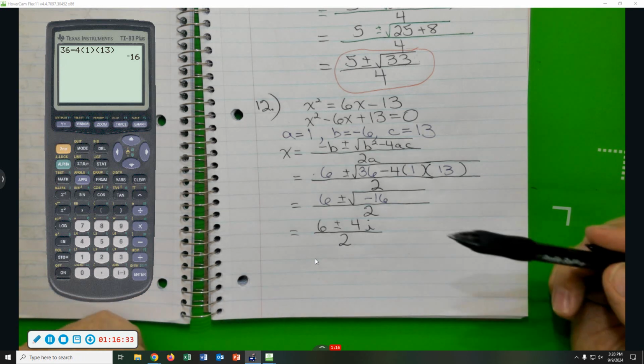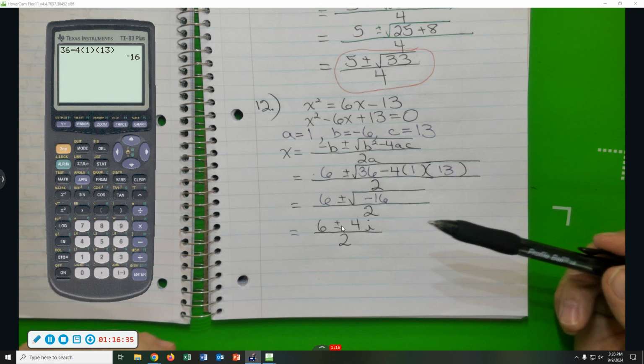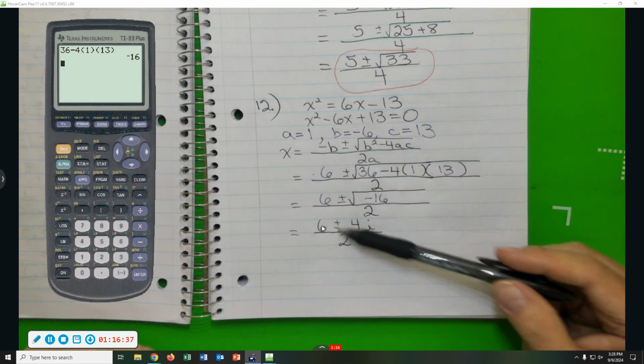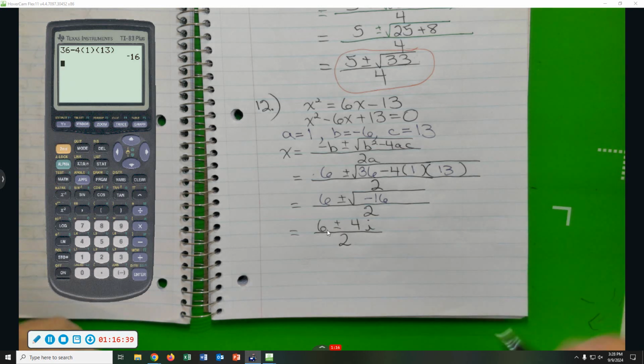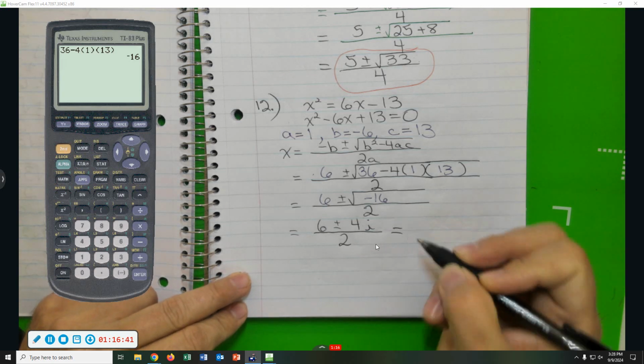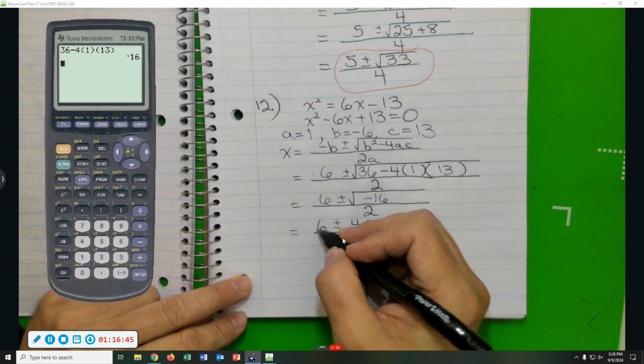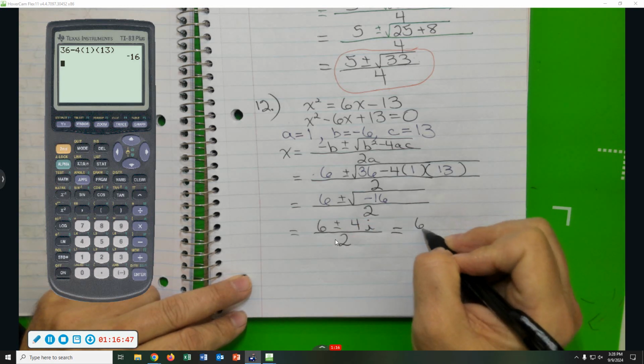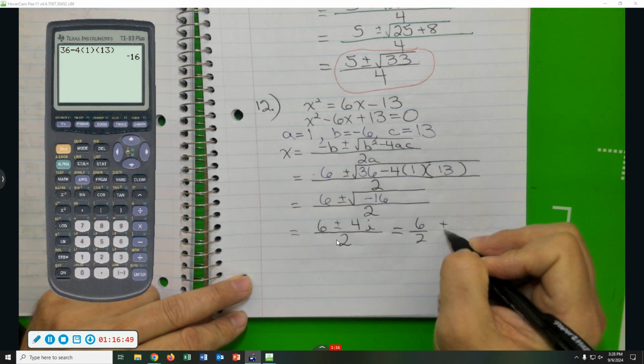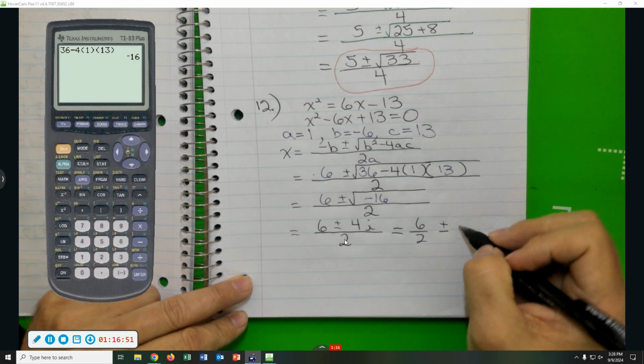This is one of those where it really doesn't matter. If you factored and canceled, you'd get the same thing. But if I have a fraction with an i, I will separate it: 6 over 2 plus or minus 4i over 2.